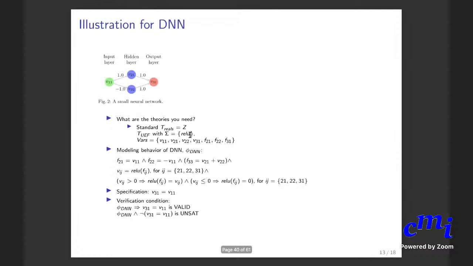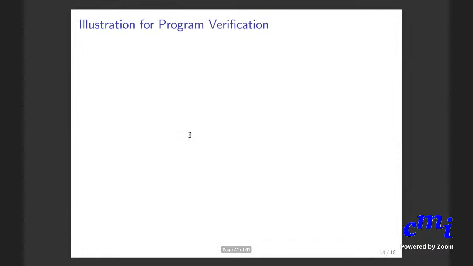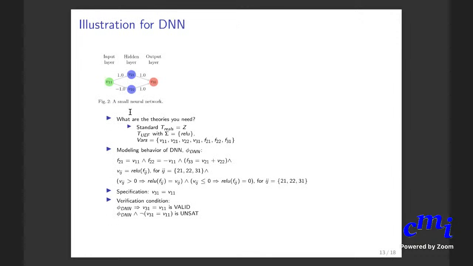So now, if you have no questions, I will illustrate the same thing for verifying some properties about programs. For DNN, this was fairly simple, because what was going on was a linear transformation, which could easily be expressed as an expression in the theory of reals.